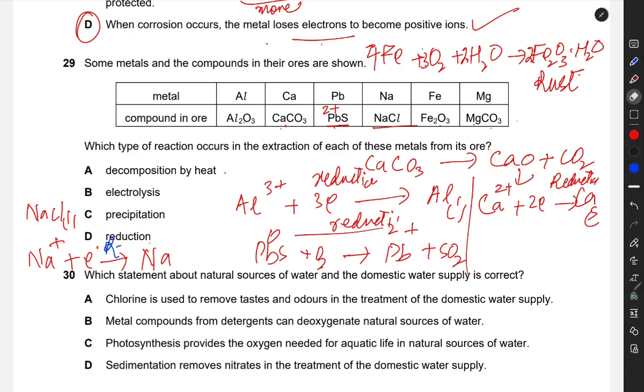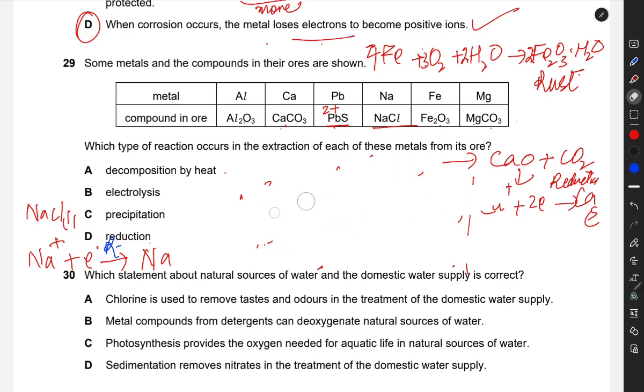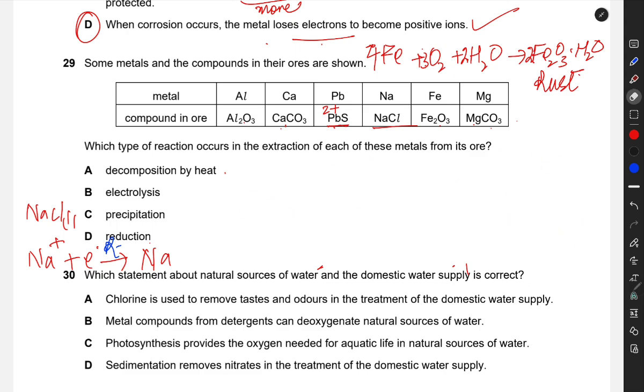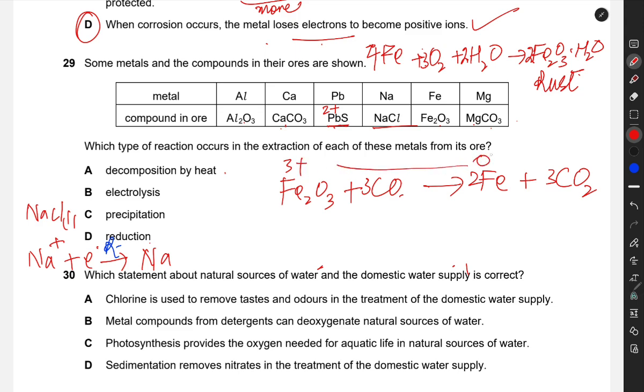Iron(III) oxide is also reduction, because when iron(III) oxide in the blast furnace reacts with carbon monoxide, Fe2O3 plus carbon monoxide forms Fe plus CO2, this is again reduction, because iron is 3+ over here and this is 0.